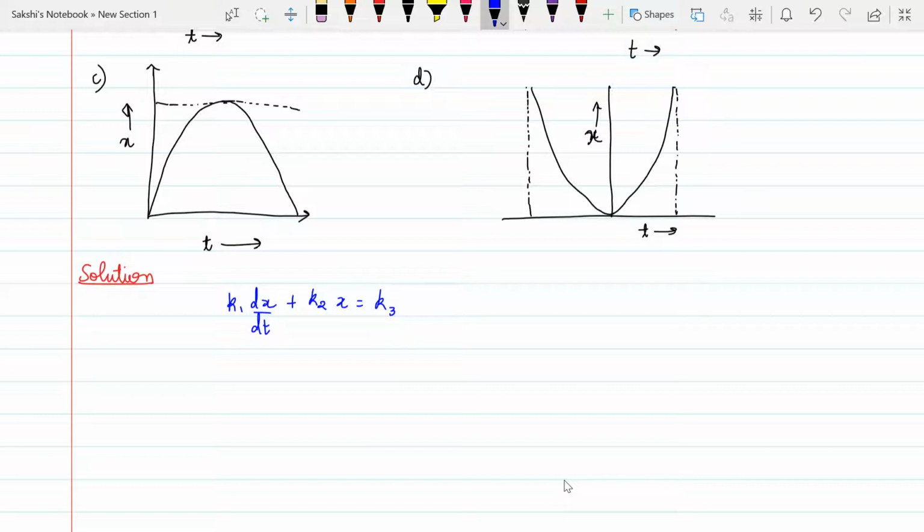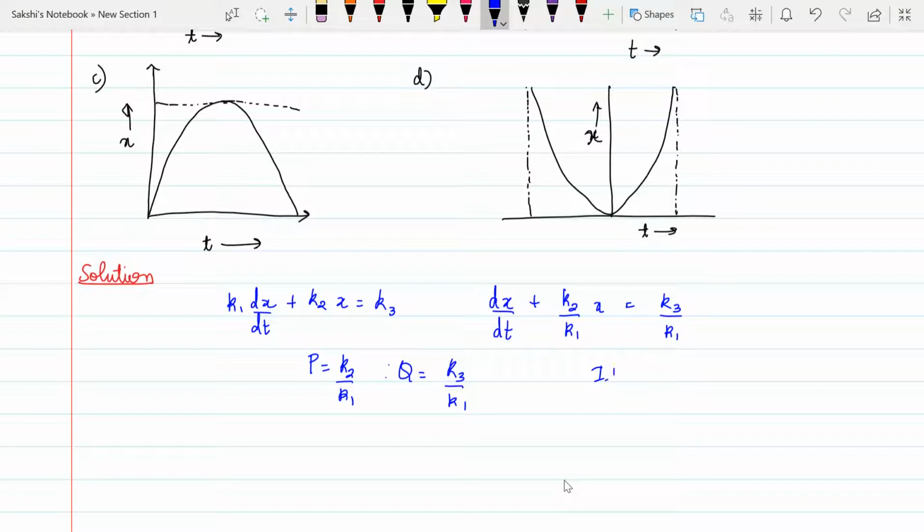So this is a first order differential equation. I am just dividing by k1 on both sides. So here p is k2 by k1 and q is k3 by k1. In order to solve this differential equation of first order, this is very easy.